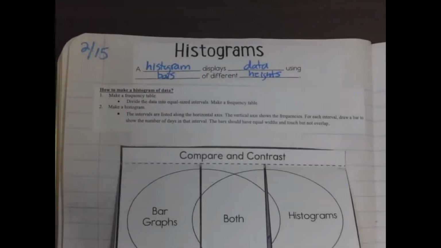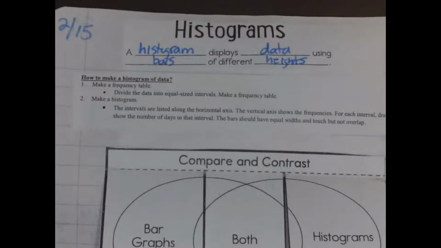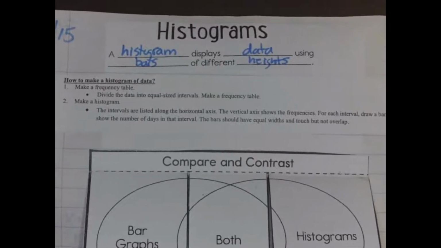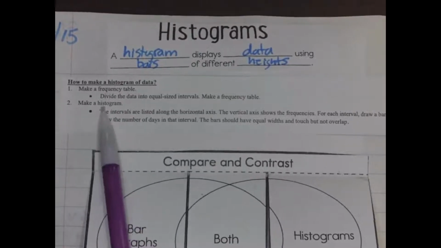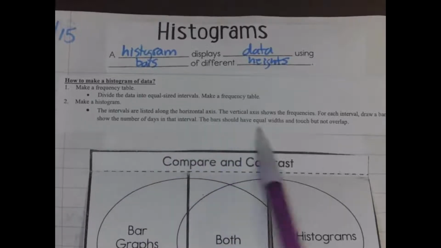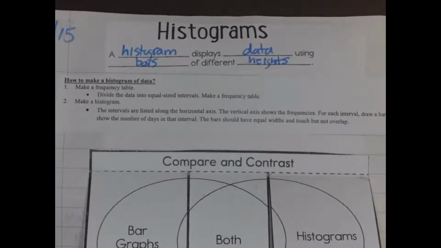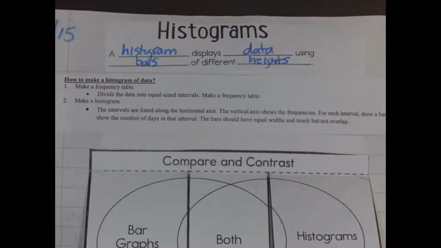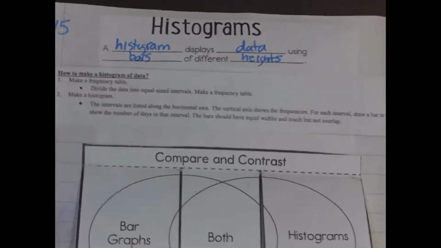So here's how you make a histogram. The first thing that you're going to do is you're going to need to make a frequency table. Okay, we're going to divide the data into equal size intervals, and we're going to make a frequency table. So if we had, for instance, right here, we had some heights of students that were in 6th grade.